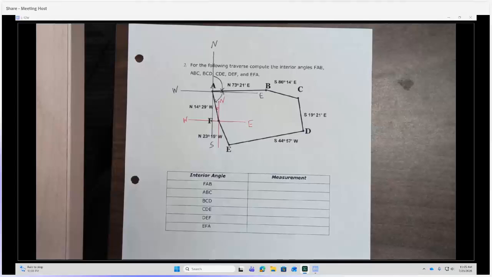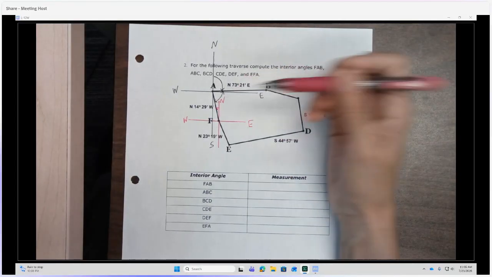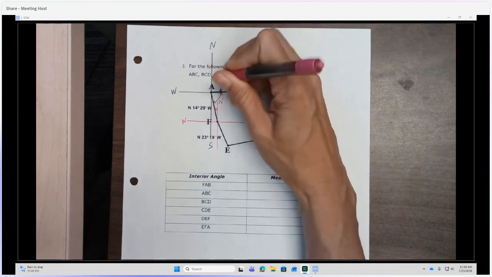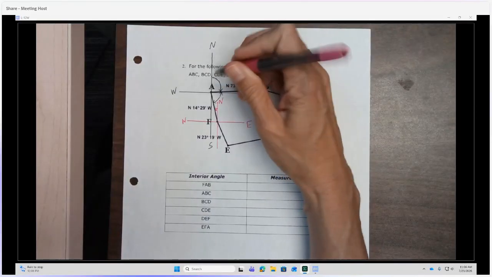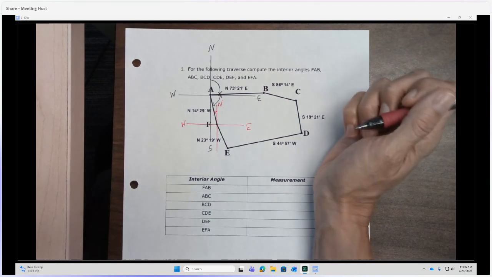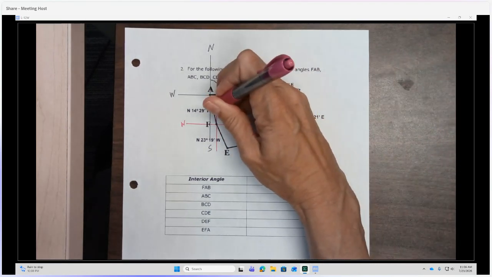So if we are looking for this angle in here, we're going to have to figure out from 180 what we need to subtract. So we'll need to subtract this amount, that 73 degrees, and then we'll also have to subtract this interior amount here.